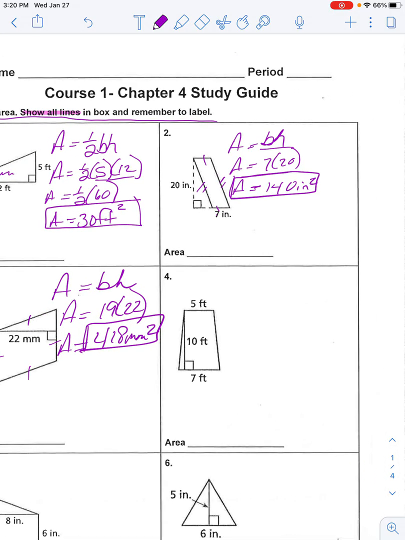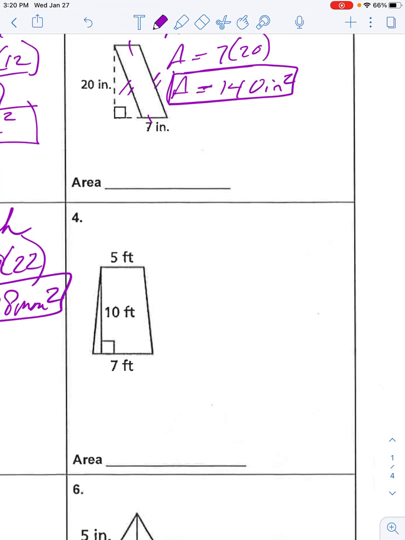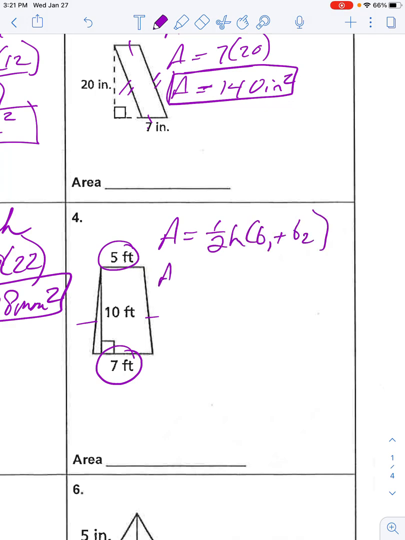Number 4, name that shape. These sides are not parallel, which means it's got one pair of parallel lines, which means it's a trapezoid. The height is 10.